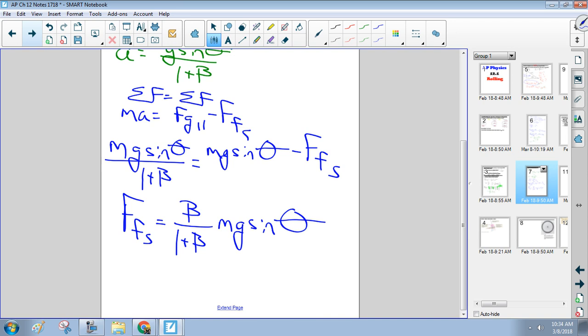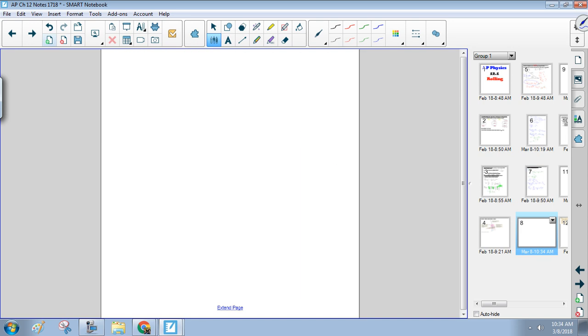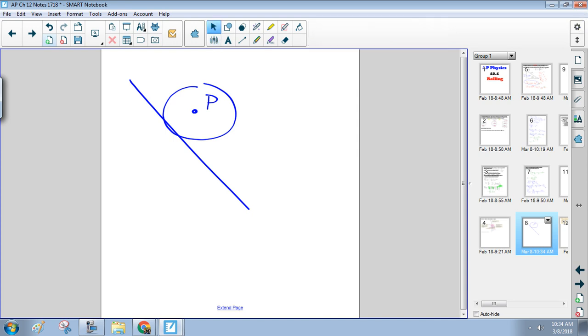Okay. So 7 hours ago, I commented that you can treat your pivot points as one of two places, right? And when I started this problem, I said, let's treat this with the center being our pivot point. So check it out, you guys. What forces are acting on this thing? Gravity, gravity parallel, and friction.